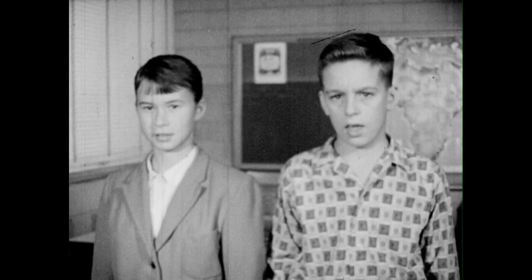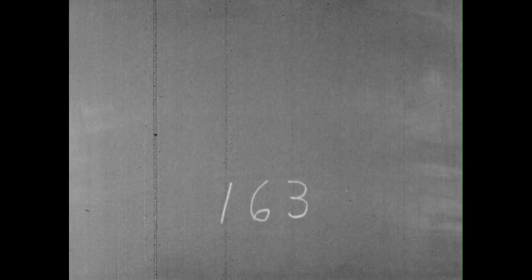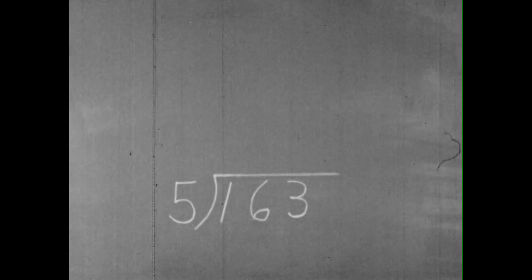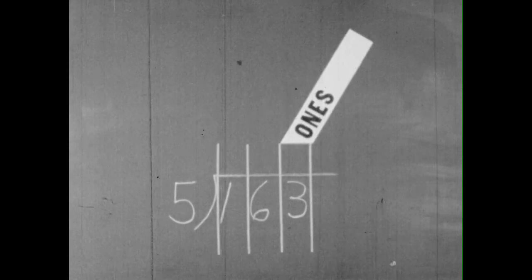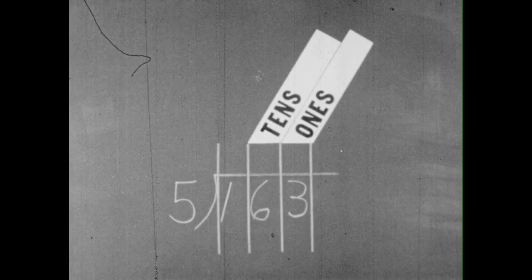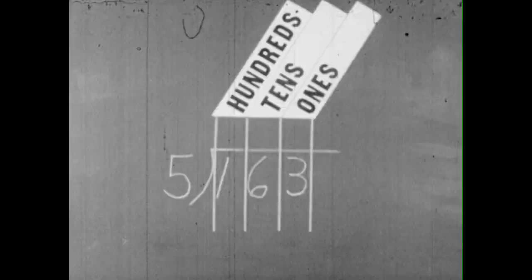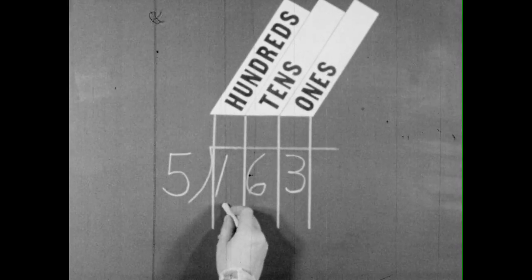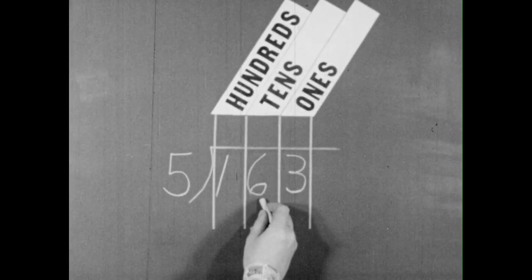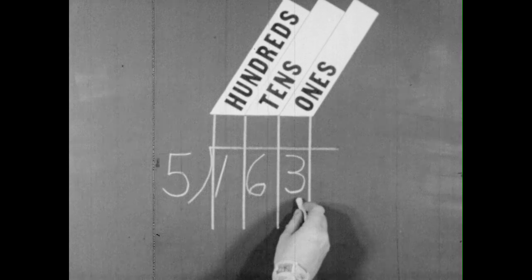Now, suppose a dividend can't be divided evenly by a divisor. Let's try 163 divided by 5. Let's remember place value: ones, tens, and hundreds. First of all, Bob, you have to remember that 163 is really 1 hundred, 6 tens, and 3 ones.